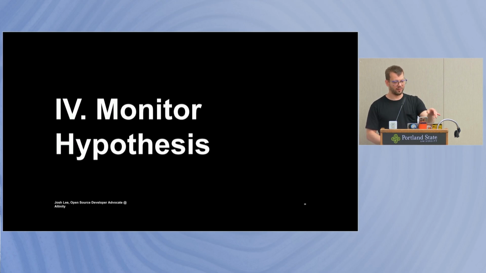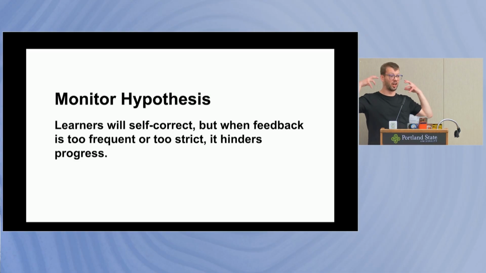All right, then we have the monitor hypothesis. Basically, we all have an internal monitor, right? Like that slide where I had the asterisks with the adjectives out of order. We all had this internal buzzer in our head going, that's wrong, that's wrong, that's wrong. And we have the same thing when we're about to say something and we know that it's wrong. There's a monitor in our head that says that's wrong, and then we don't say it.